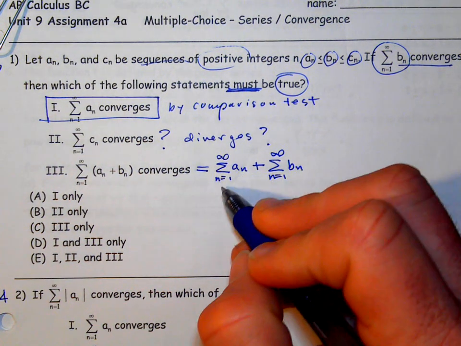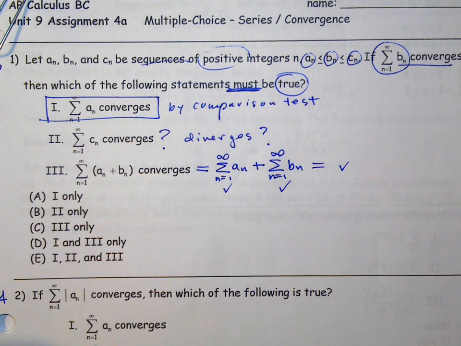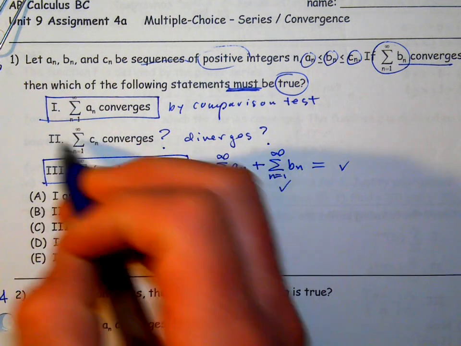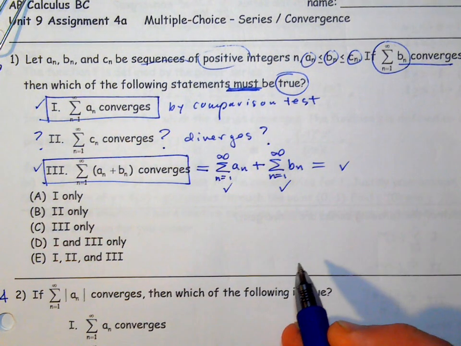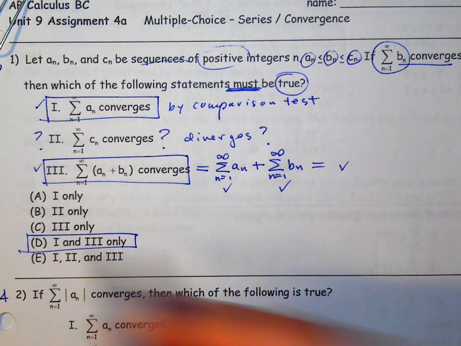Well, if both of these converge, then they're going to add up to a number. It's not going to diverge. So this one is true. This one we don't know. It's not necessarily false. These ones are for sure true. So must be true is going to be 1 and 3.